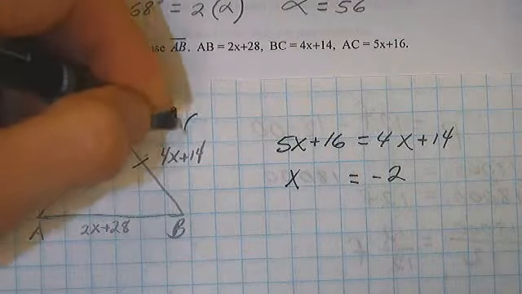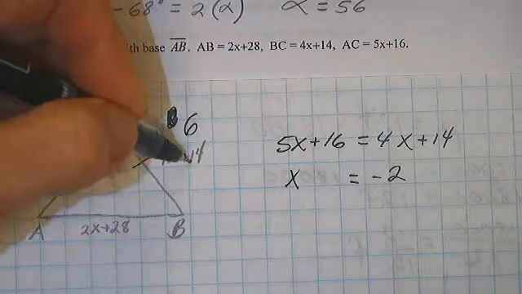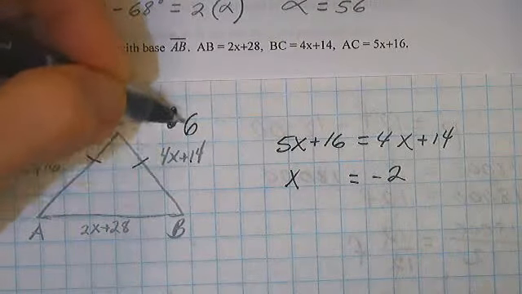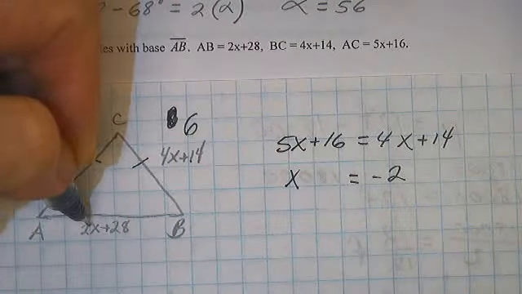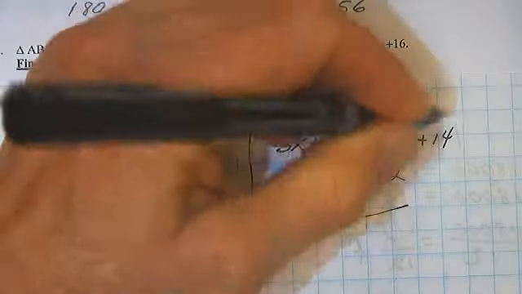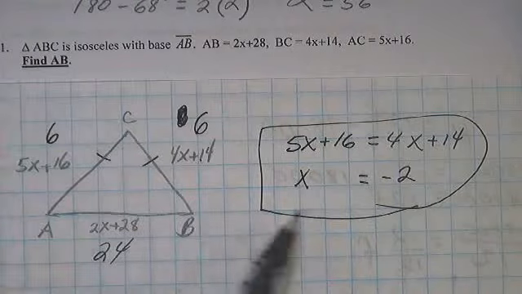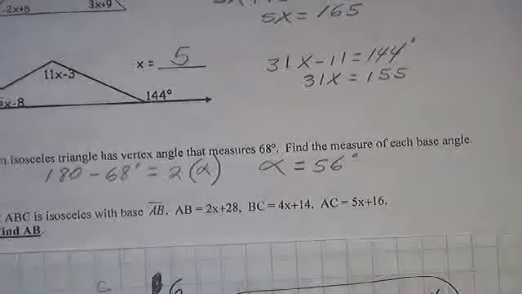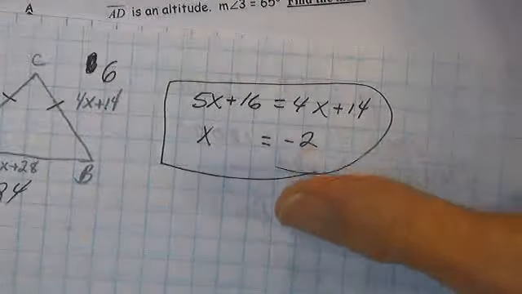No, it's also 6. 4 times negative 2 is negative 8, plus 14 is 6. Negative 4 plus 28 is 24, but I hate this problem, and I would write anybody and complain that you cannot have a negative number, but I build bridges, so there you go.